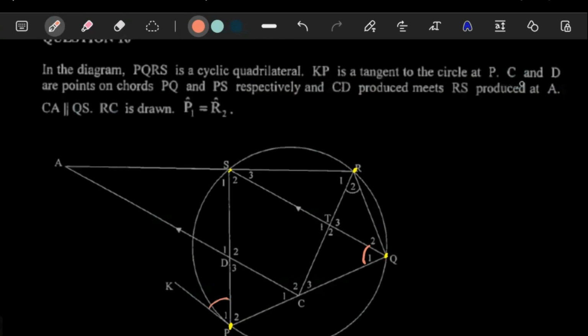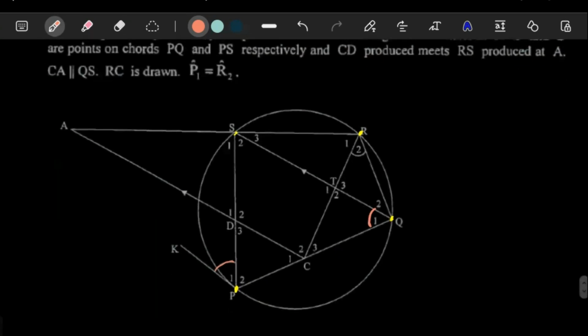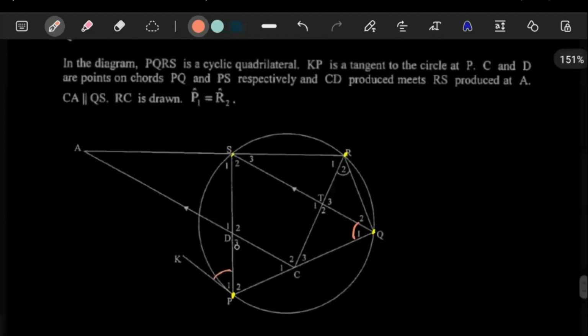Then it says C and D. Where are C and D? There's C here, there's D here. C and D are points on chords PQ and PS respectively.